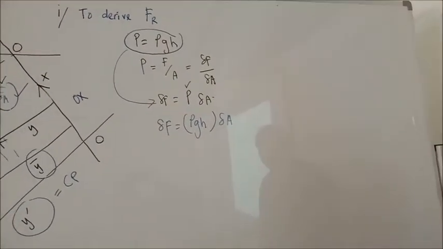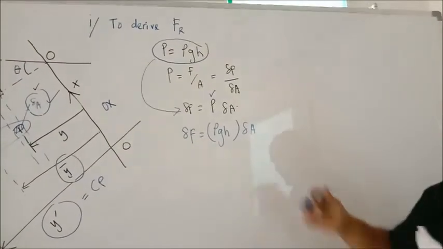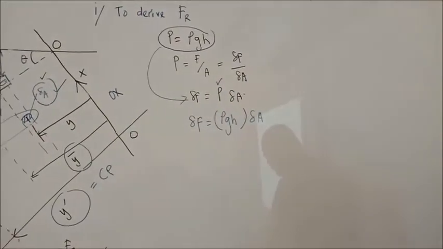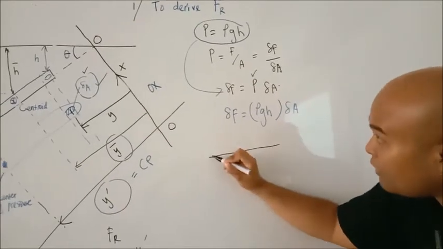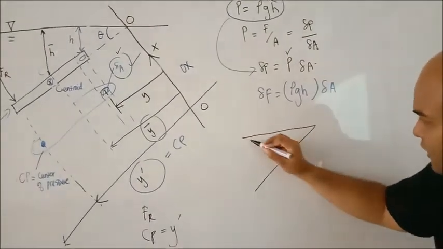And then by referring to this equation, kalau kita boleh mudahkan keadaan di situ, kita dapati bahawa ada satu trigonometric condition here.